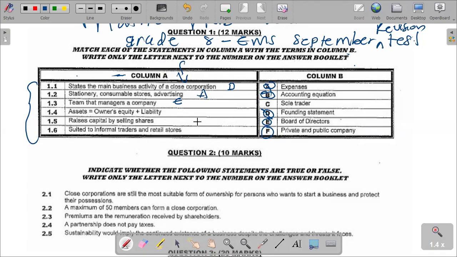That will be your accounting equation, which is B. And 1.5, raises capital by selling shares. Those are your private and public companies, which is F. Suited to informal traders and retail stores, that will be your sole trader, which is C. So that is your question one.